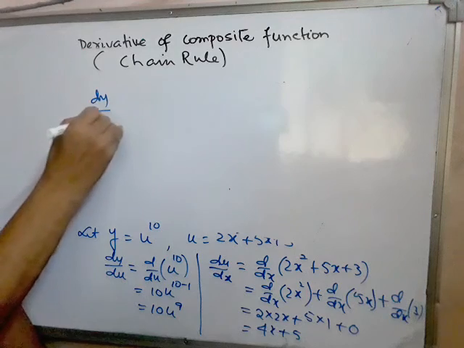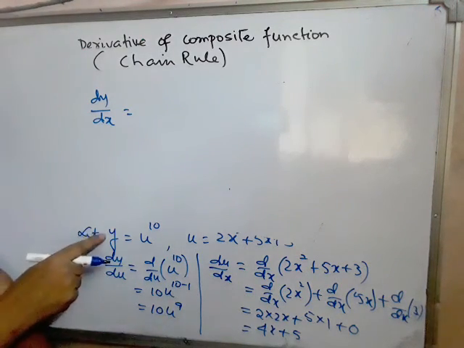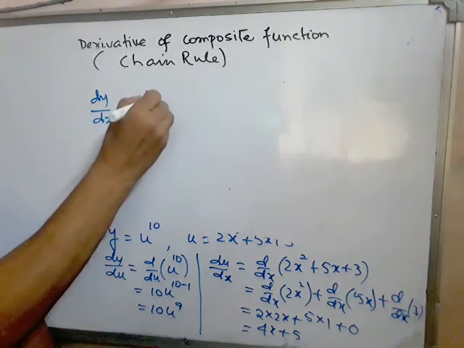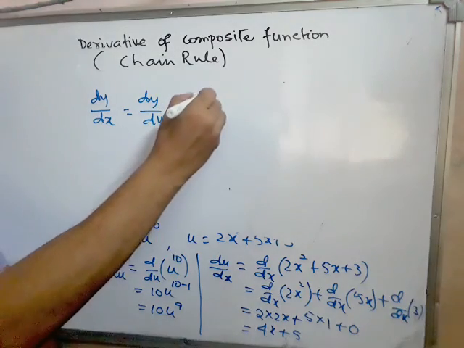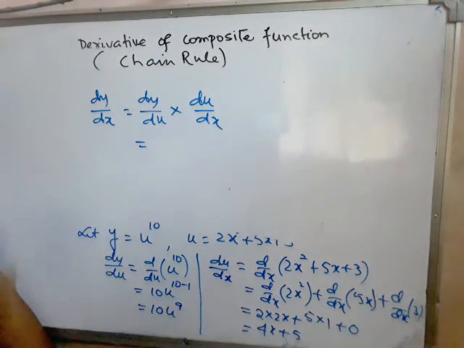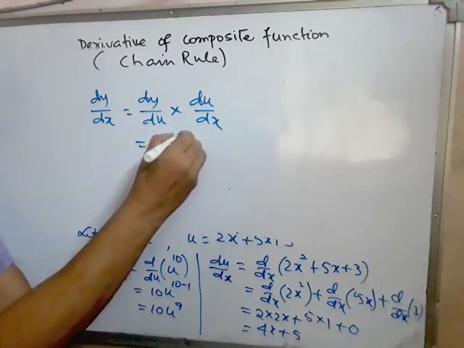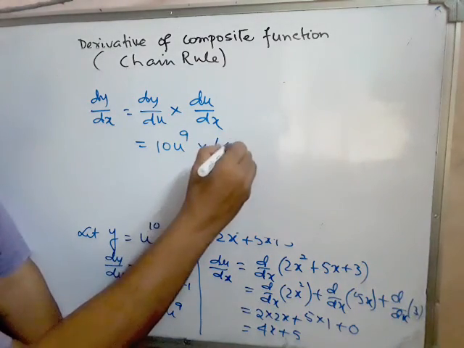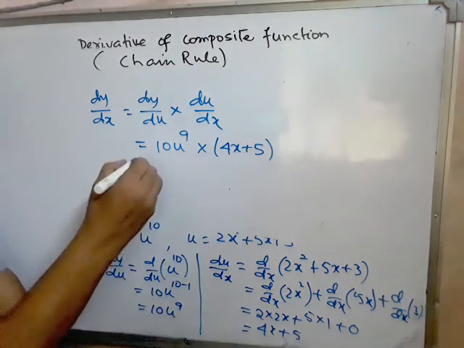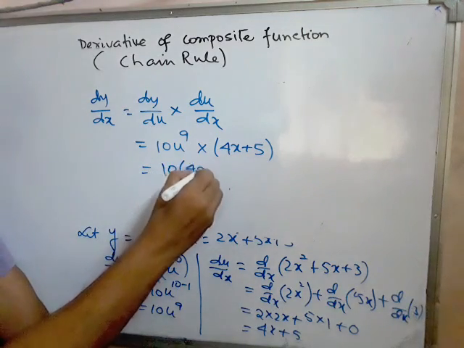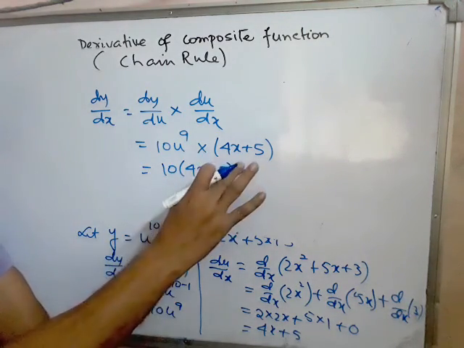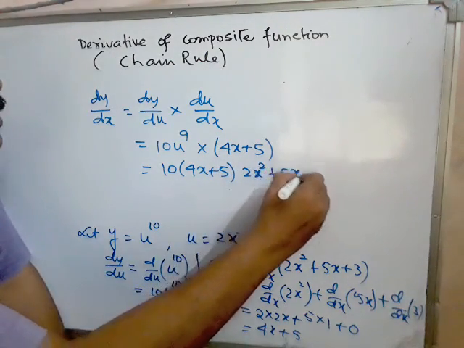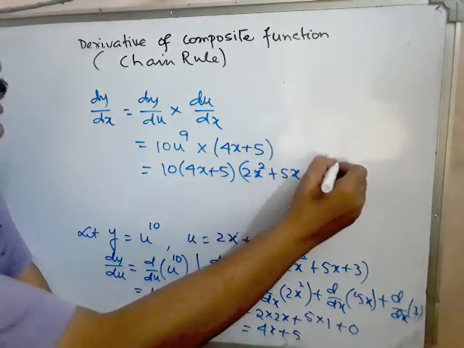dy by dx equal to, between y and x we have only one function we have introduced, that is u. So dy by du into du by dx. dy by du answer is 10u to the power 9, into du by dx answer is 4x plus 5, and therefore 10 into (4x plus 5), and we are replacing the value of u, that is equal to (2x square plus 5x plus 3) to the power 9.